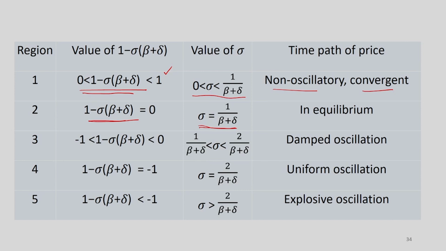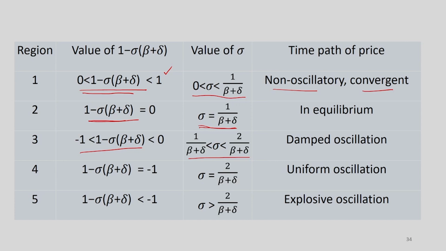The third case is 1 minus sigma multiplied by beta plus delta lies between -1 and 0, and this turns out to be this condition, that sigma lies between two limits, 1 divided by beta plus delta and 2 divided by beta plus delta, and as we know, this gives me the damped oscillation case.